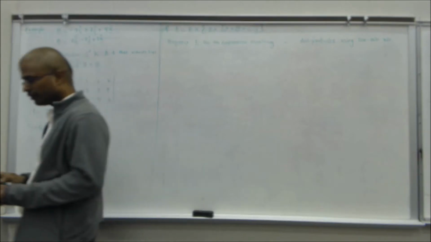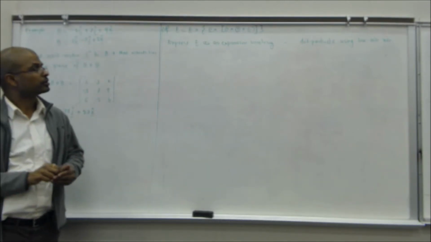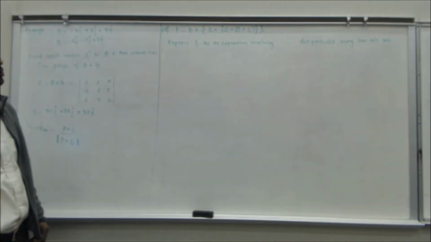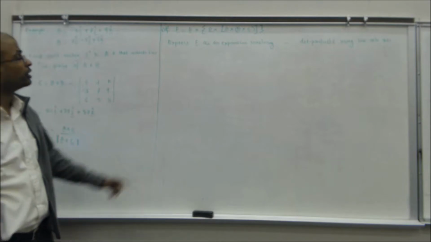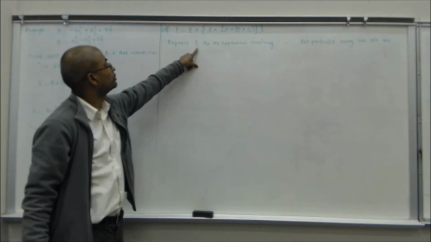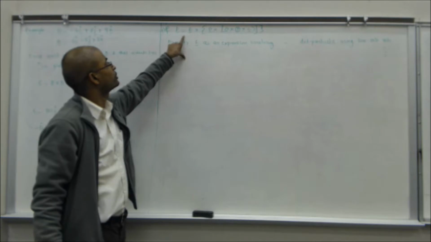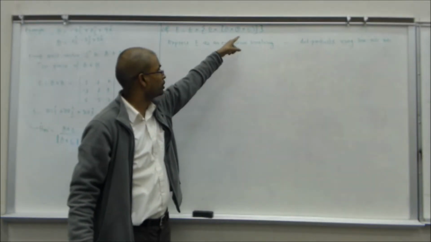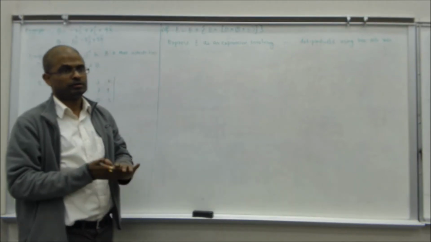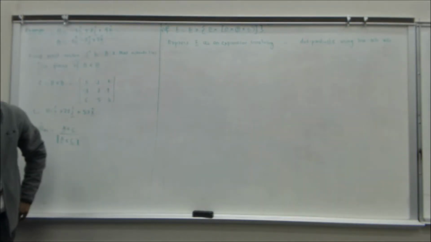Express F as an expression involving dot product using the BAC minus CAB rule. F is equal to E cross B cross A cross B cross C. It's an in-class quiz.